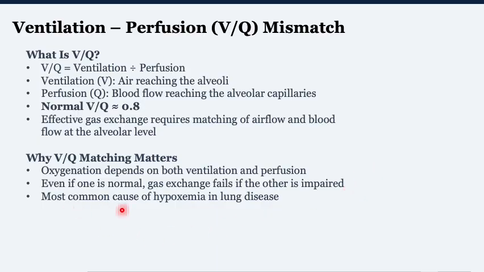And this is the most common cause of hypoxemia in lung disease. So I think what's important from this is that airway does not automatically equate to gas exchange. You can have an airway, but if your alveoli are damaged or impaired, you won't have appropriate gas exchange.